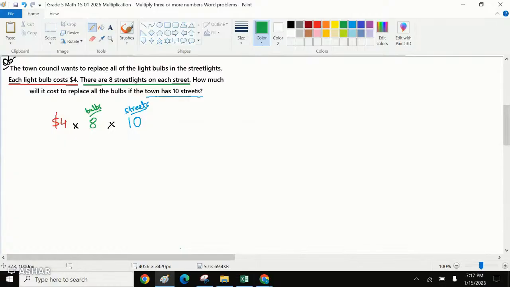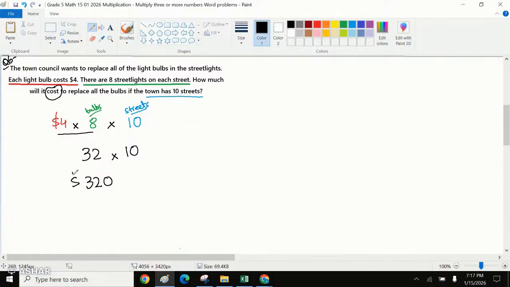So can we multiply these numbers together? 4 times 8, we know, would be 32. Multiply by 10, and whenever we are multiplying a number that is ending with a 0, we just count the zeros. 32 multiplied by 1 is 32, and we put down the 0. But they're talking about the cost.